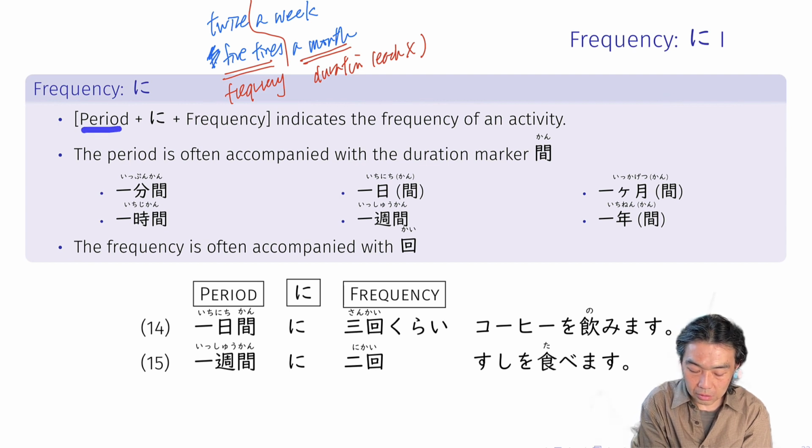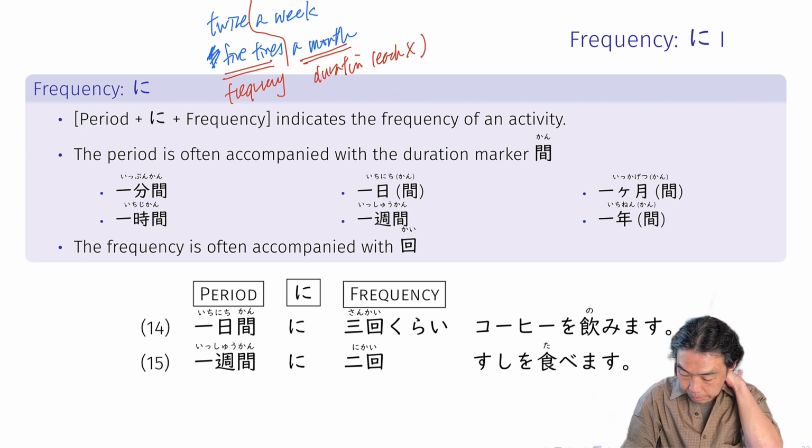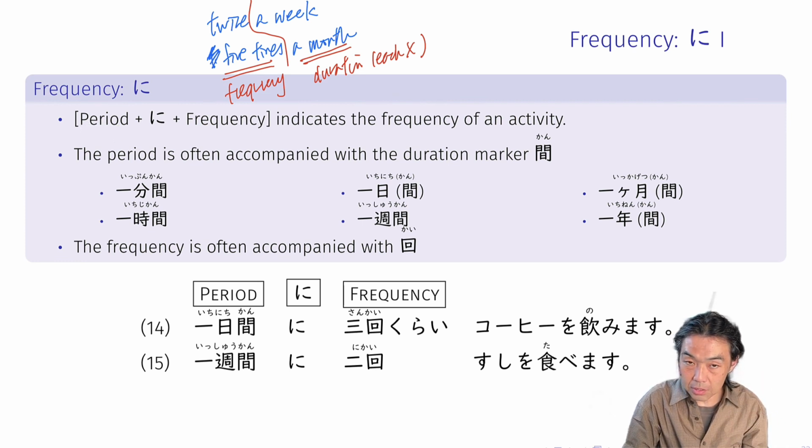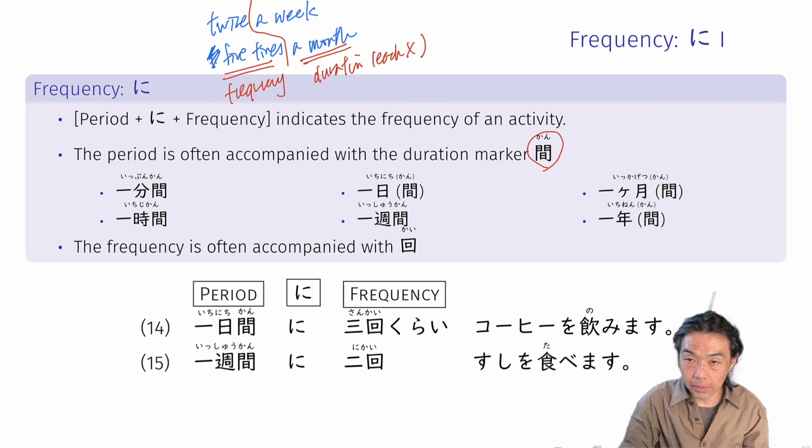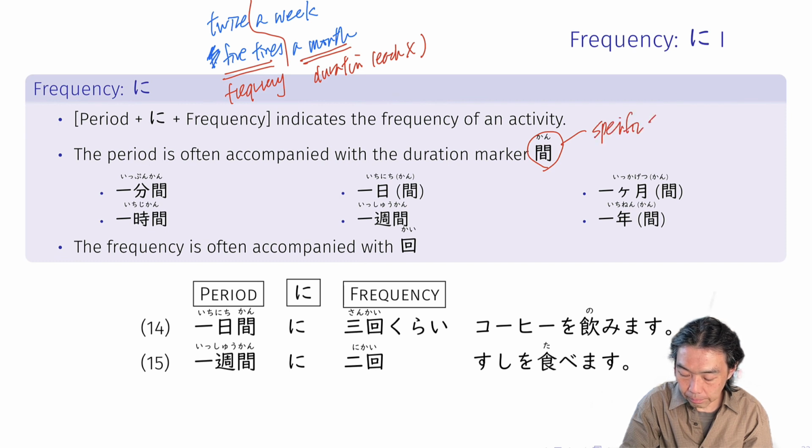In this case, it says period. In Japanese, I think you already learned this. The word kan makes a change from specific time to duration, right?